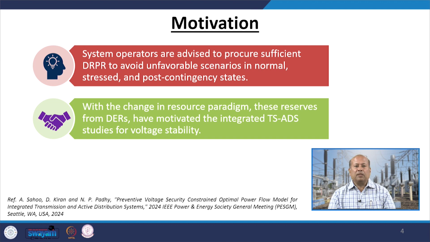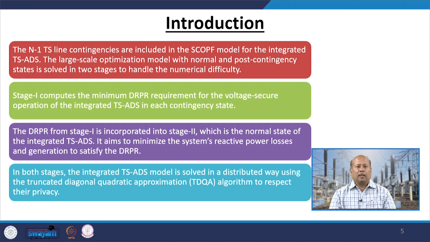With the change in resource paradigm, these reserves from DRs have motivated integrated TS-ADS studies for voltage stability. You can refer to the article by A. Sahu and D. Kiran et al., which will give you more clarity on these simulation studies. The N-1 transmission system line contingencies are included in the security constrained OPF model for the integrated TS-ADS collaboration. The large scale optimization model with normal and post contingency states is solved in two stages to handle the numerical difficulty.